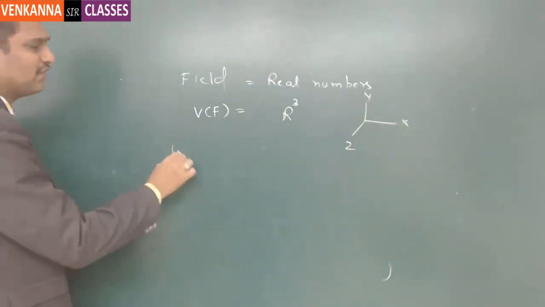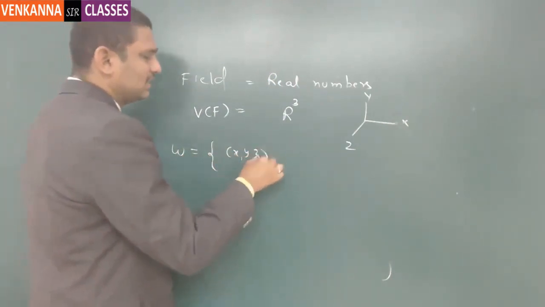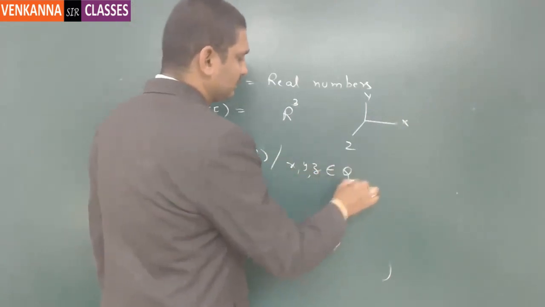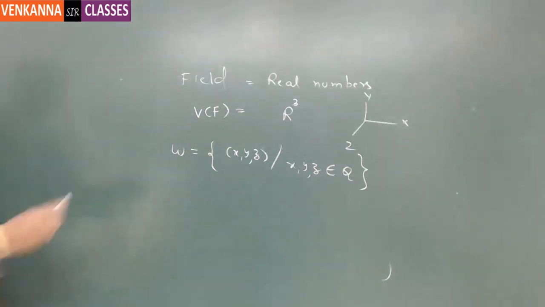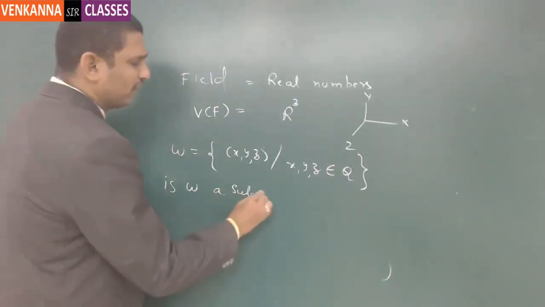Now I have given a set W is equal to set of all x, y, z such that x, y, z are rational numbers. Now the question is, is W a subspace of V?